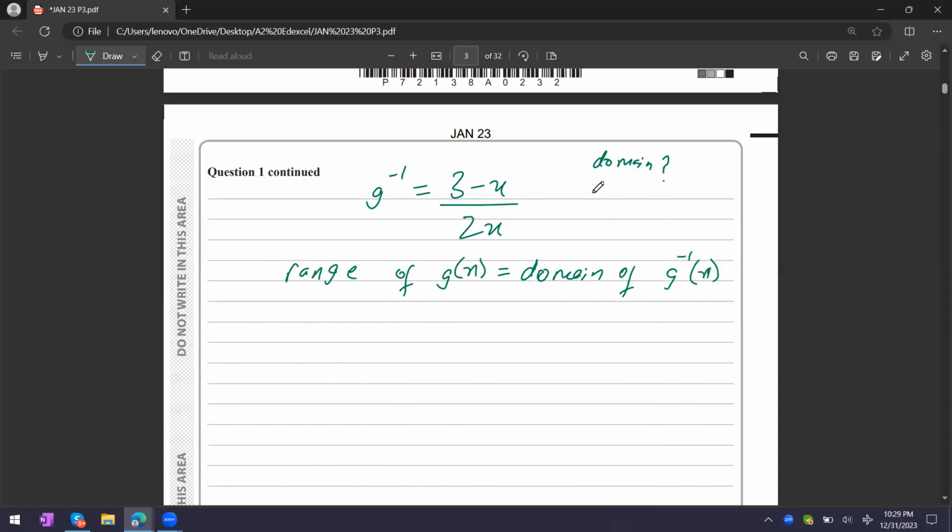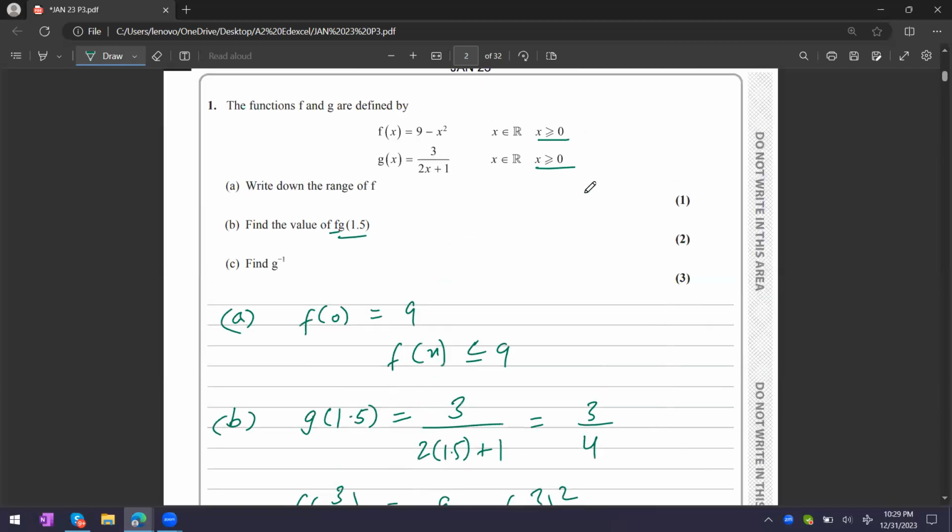So let's find the range of g of x. The smallest value of x is 0, so what is g of 0? g of 0 is 3 over 1, which is 3. Now, as x keeps on increasing, the denominator will keep on increasing and the fraction will keep on decreasing, but it will never reach the value of 0.